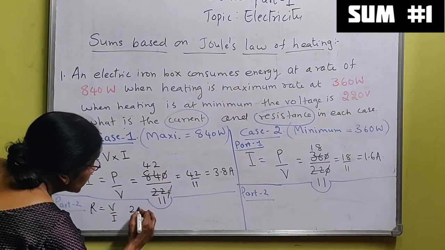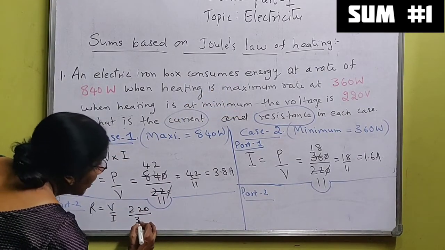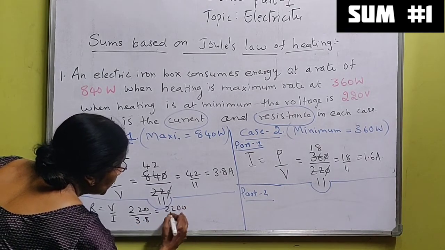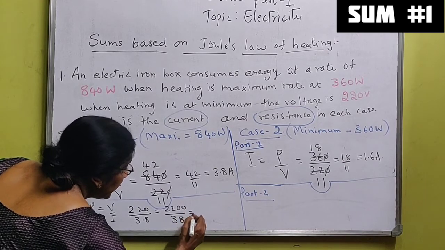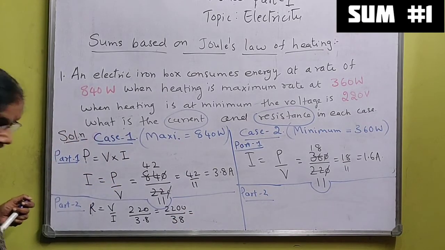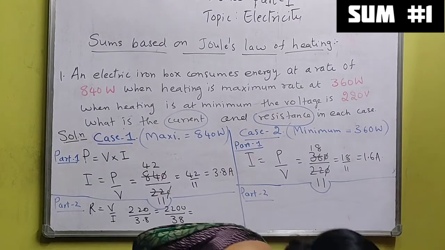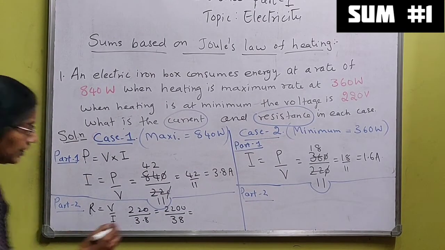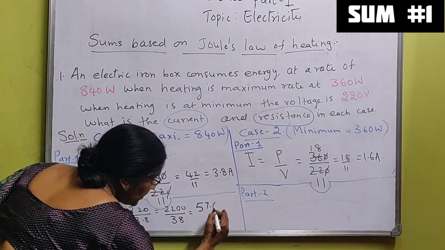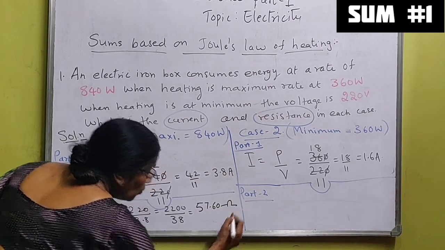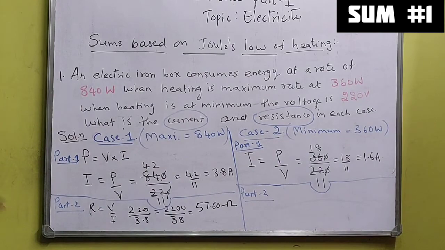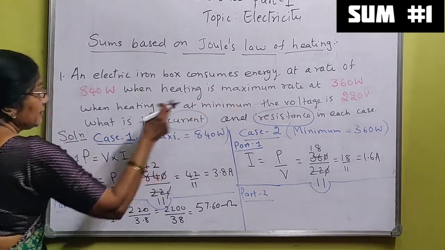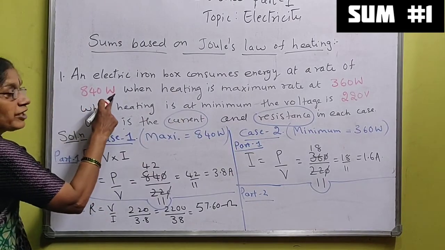So here V is 220 divided by 3.8, which is equal to 2200 divided by 38. If you divide it, we get the answer as 57.60 ohms, the total resistance when the heating is maximum, that is, the power is 840 watt.